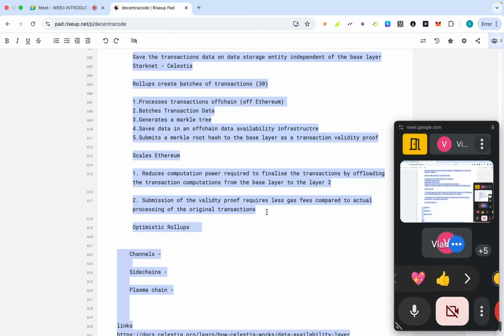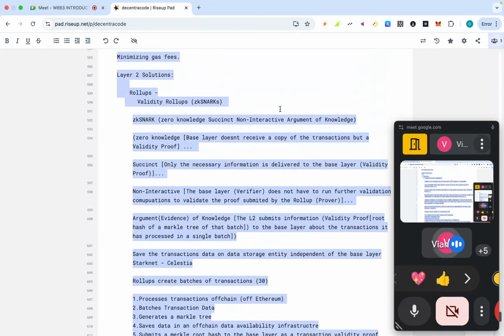And for instance, how they store data, even the L2s themselves, they don't store their own data. At least most of them don't. They store them in data availability layers. So you can see that there's a whole ecosystem of efficiency designed to make executions faster and less expensive for a user.